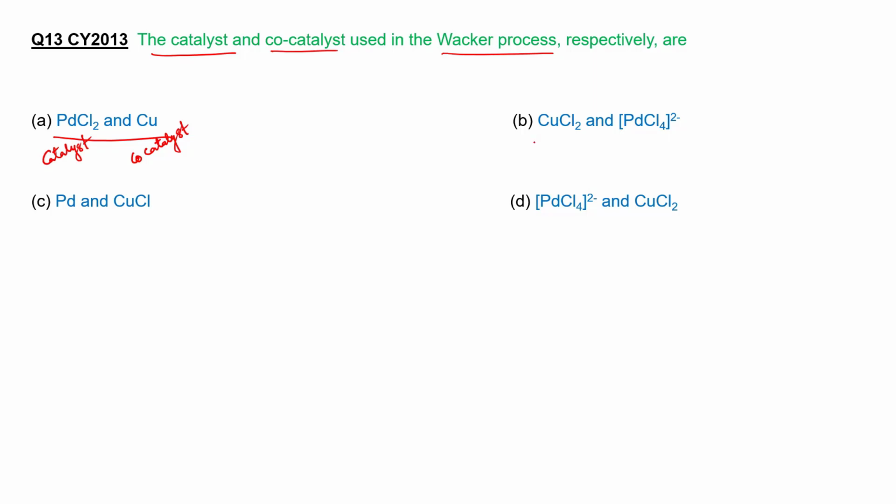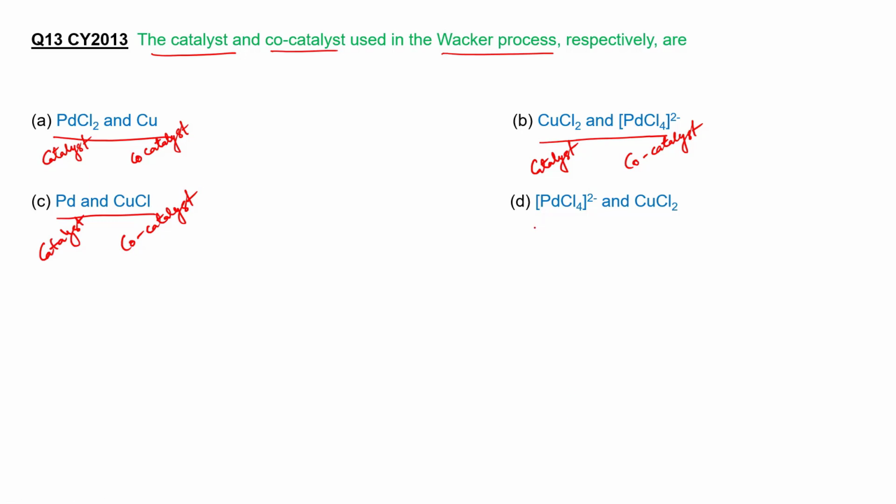Similarly, option B, cupric chloride and PdCl4 2-. Again, CuCl2 is the catalyst here and PdCl4 2- is the co-catalyst here. Option C, palladium and cuprous chloride, where palladium is catalyst and CuCl, cuprous chloride, is co-catalyst.